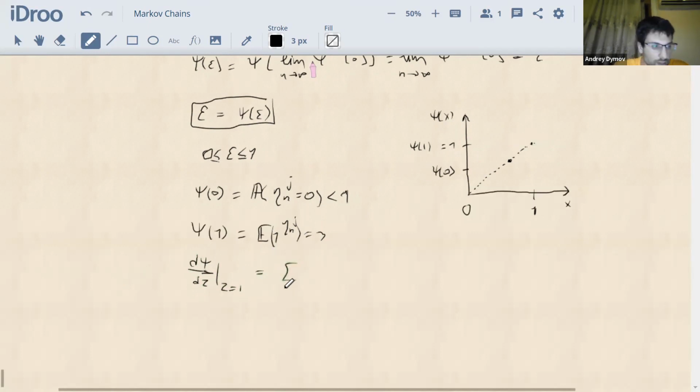By the definition of the generating function, this is the sum from k equal to 0 to infinity of k times z to the power k minus 1 times the probability that eta n I equals k. Then I substitute z equal to 1.